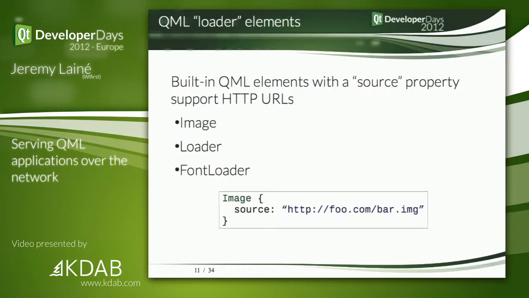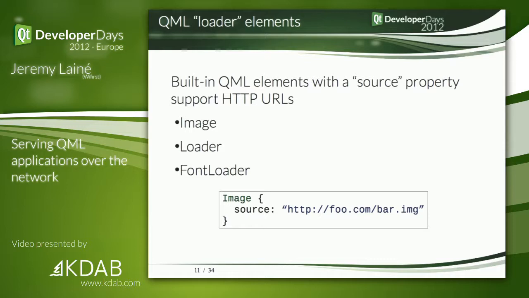And there are also a number of elements inside QtQuick which come with a source property, which is also a URL. And once again, you can either give local file:// files, or QRC if you're loading from resources built into your application, or you can use an HTTP URL.